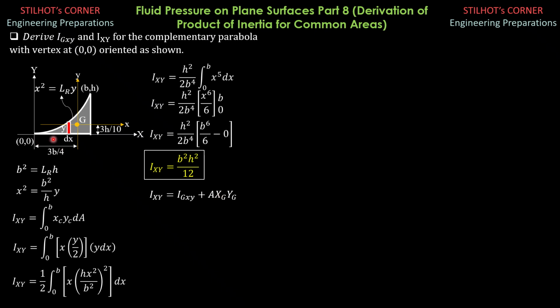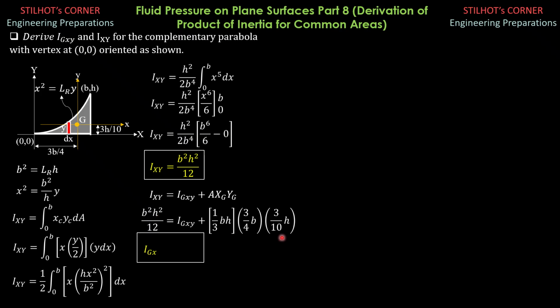The area of the spandrel of parabola is 1/3 base times height. So b squared h squared over 12 equals IGXY plus 1/3 bh, then times 3/4 of b times 3/10 of h. So cancel 3. This reduces to 3 over 40. So 1/12 minus 3 over 40, IGXY is equal to b squared h squared over 120.